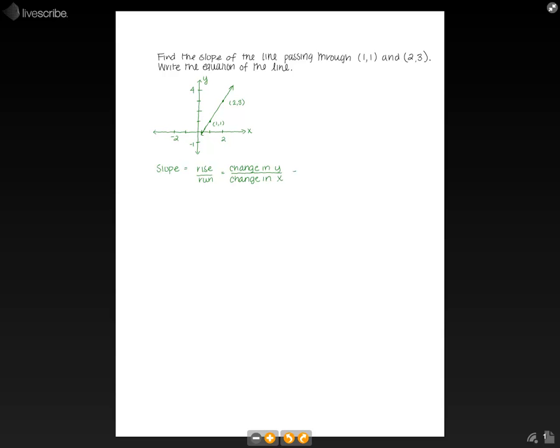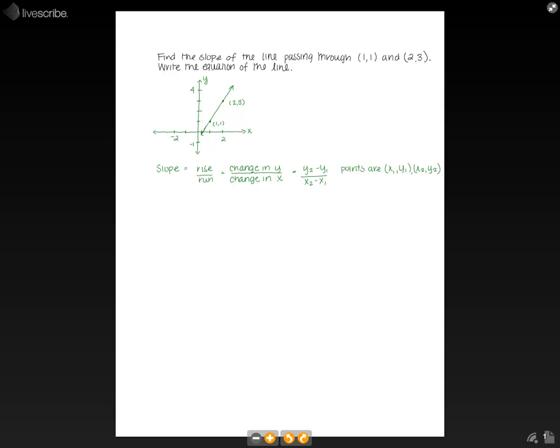So the formula we can use to find the slope would be y2 minus y1 over x2 minus x1. And that's assuming that we have the two points (x1, y1) and (x2, y2).